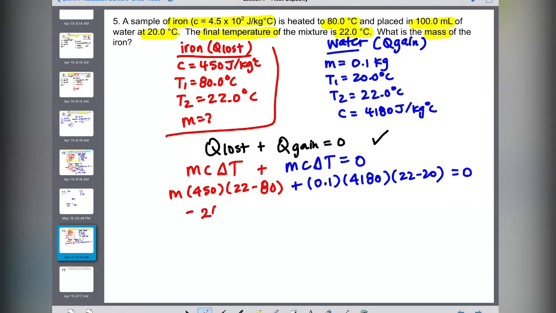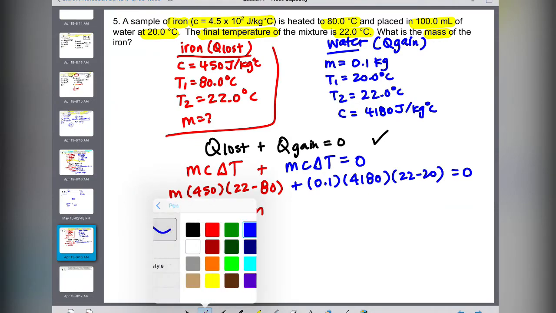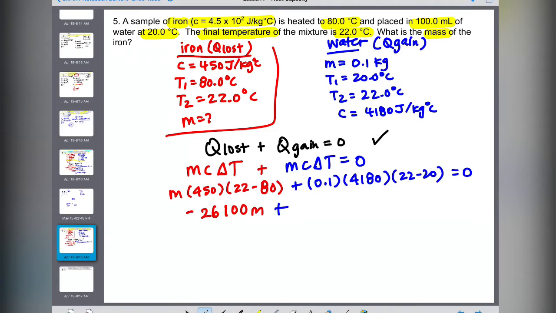So negative 26100 M, adding 836 equals 0.